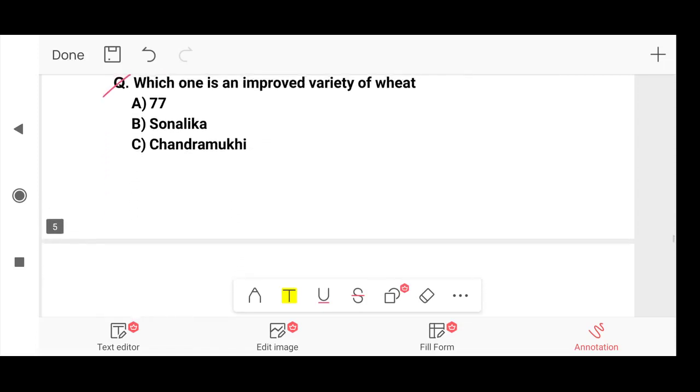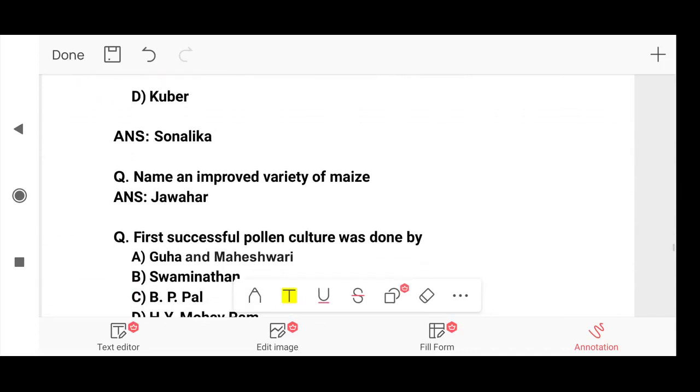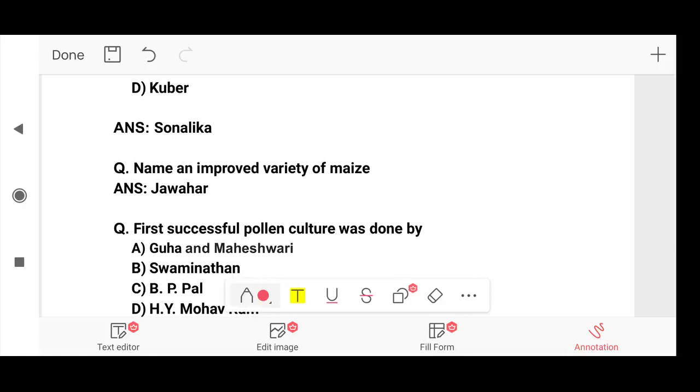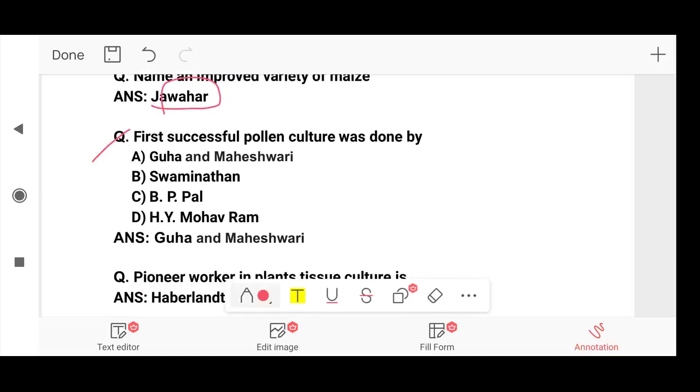And the answer is option B, Sonalika. Next, name an improved variety of maize. Answer is Jawahar. Next, first successful pollen culture was done by. Options are Guha and Maheshwari, Swaminathan, B.P. Pal, H.Y. Mohan Ram. And the answer is option A, Guha and Maheshwari.